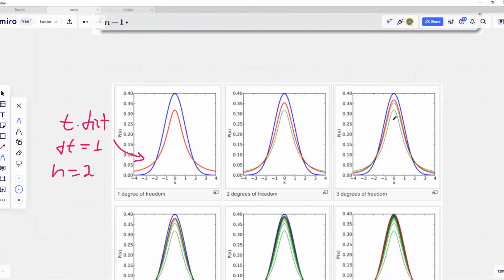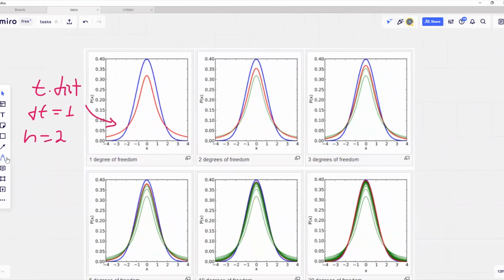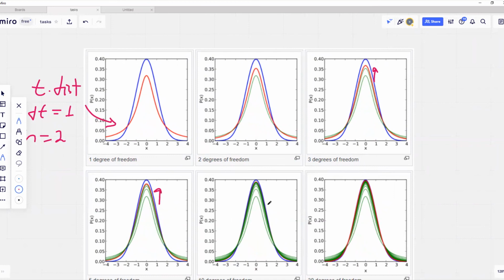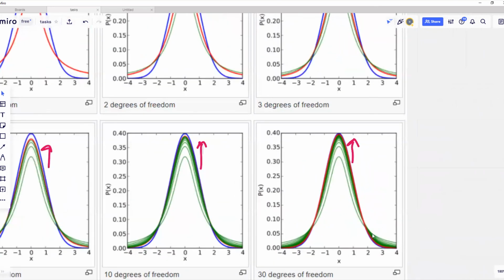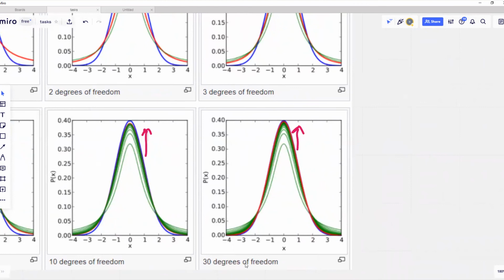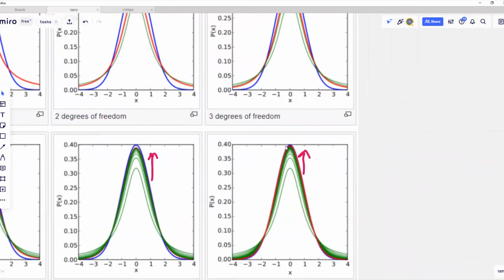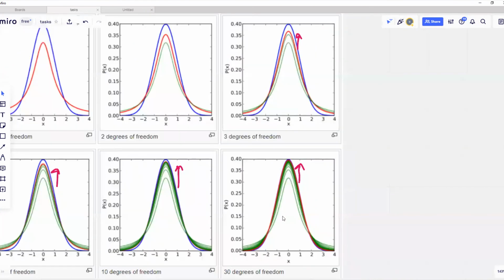And then if we increase degrees of freedom, we can see that student t distribution is going to extend and will try to reach and match a standard normal distribution. In fact, when degrees of freedom is equal to 30, those red and blue PDFs almost overlap.